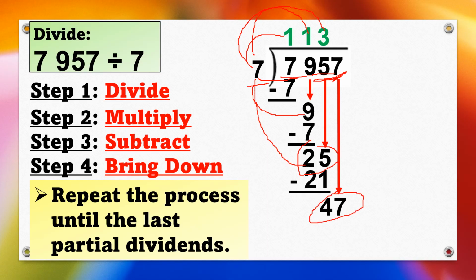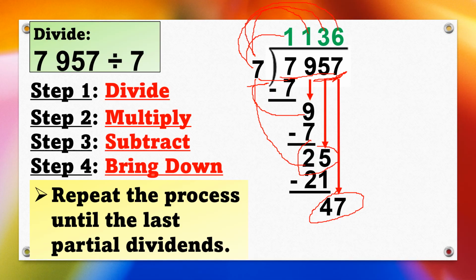47 divided by 7. This will be our first step. 47 divided by 7, or how many groups of 7 are there in 47? So that is 6. Then, what will be our next step? You're going to multiply. Multiply 6 times 7.